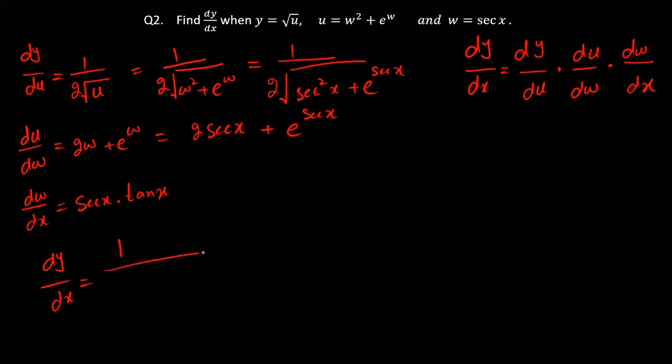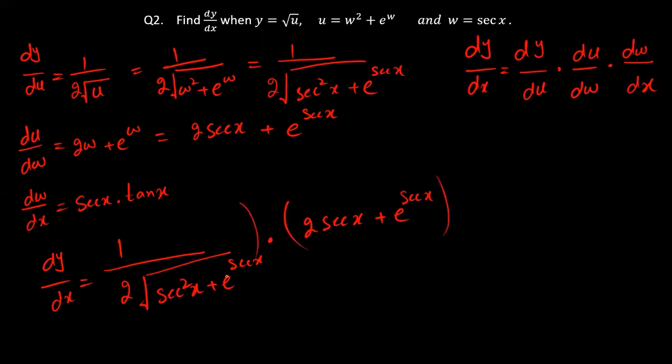It will be 1 by 2 square root of secant square x plus e power secant x, times 2 secant x plus e power secant x, and the third one is secant x into tan x. So this is our final answer, dy by dx.